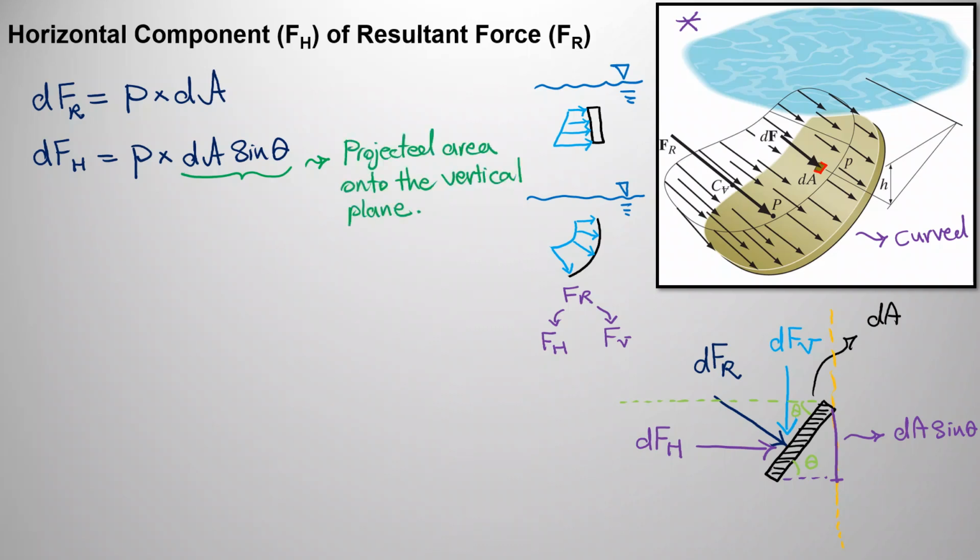So this is the horizontal force only on top of the patch that we have selected, the teeny tiny patch. Now, if I want to calculate the total horizontal force, I need to get an integration of the entire thing, right? So over the area, I'm going to take an integration of the entire equation, and it can be written as this.